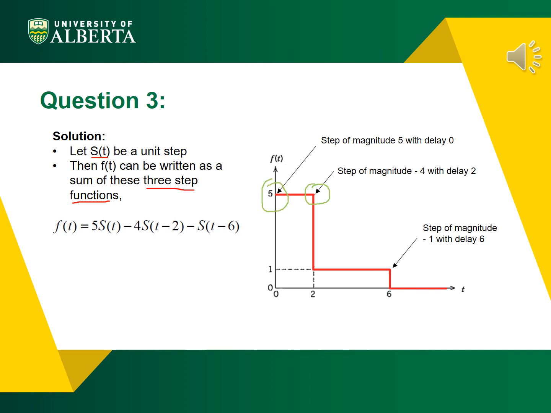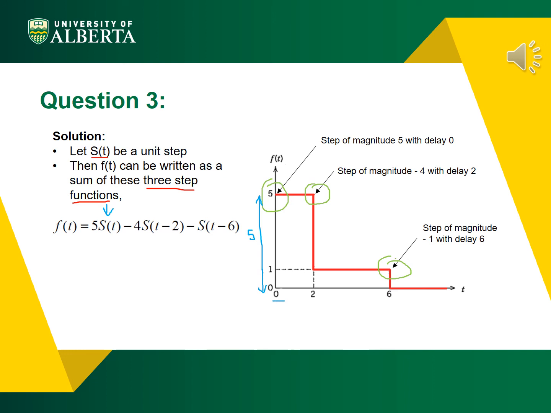But we have to be very careful with the delays of each of the steps. So let us write down the first step. 5 is the magnitude into unit step. So it is 5 into s of t. And there is no delay. So it will be just s of t.